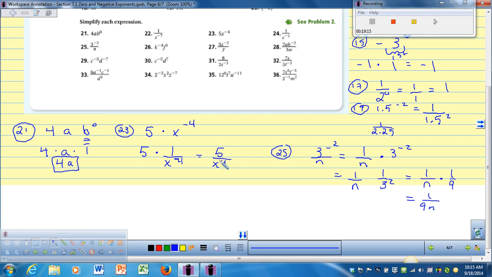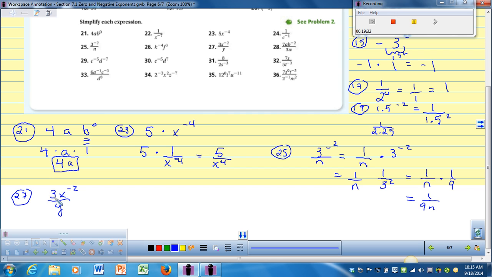All right, 27 is 3x to the negative 2 over y. What is being raised to the negative 2? Not the 3. So just the x.